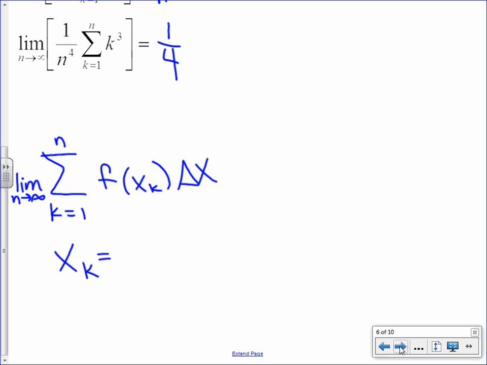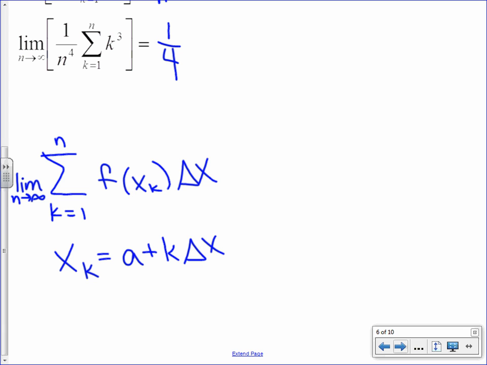Wherever the range starts. So we start at a, and then we have to add. How do we find the next rectangle? We go over 1, the width.